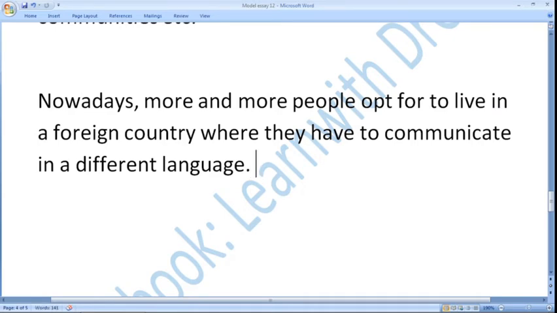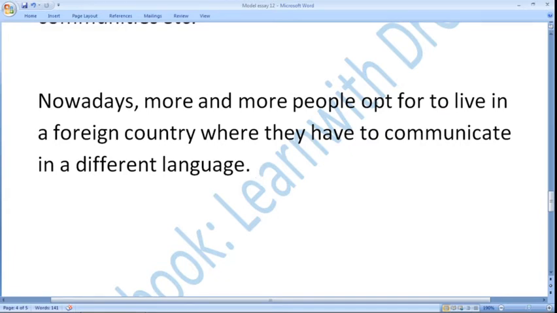Nowadays, more and more people opt to live in a foreign country where they have to communicate in a different language. This is the background statement, and it is also a bit of paraphrasing of the question.